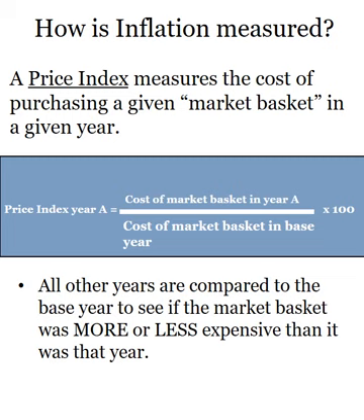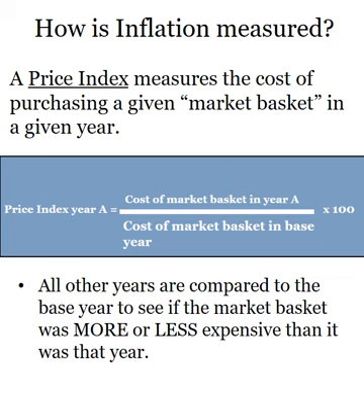You can choose any time in the past to be the base year, and we can figure out how price levels have changed since then using this equation. So the year that you are focusing on, in this case, would be year A. The cost of the market basket in year A will be divided by the cost of the market basket in the base year times 100.